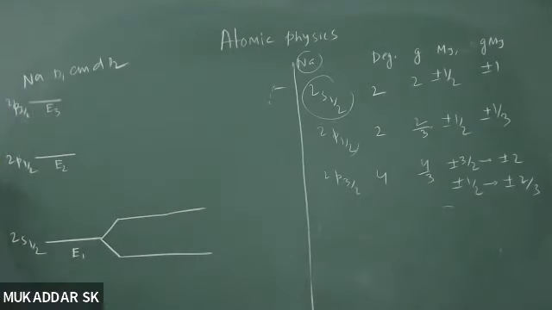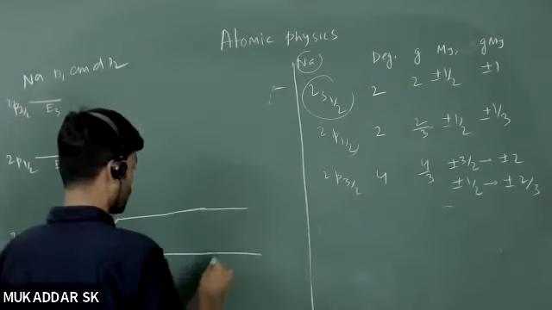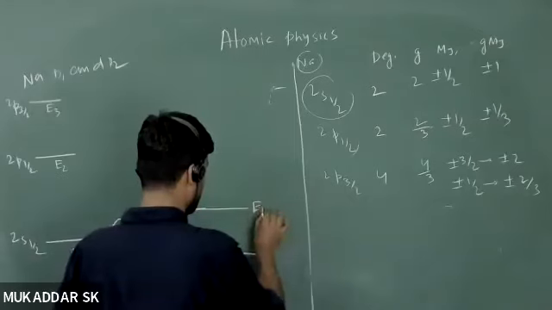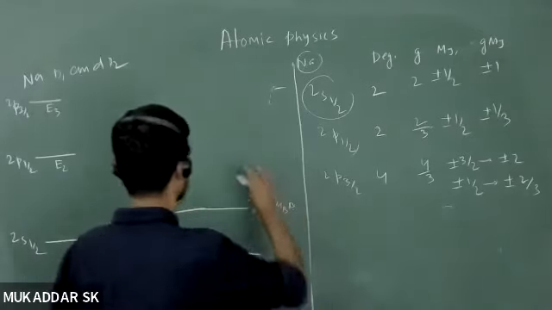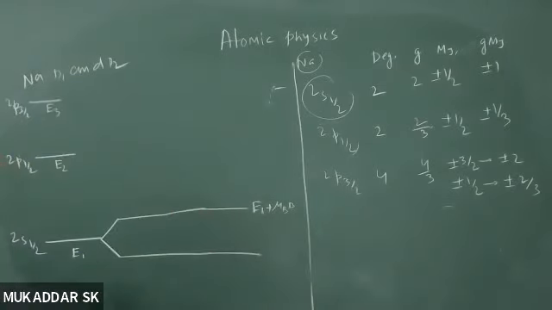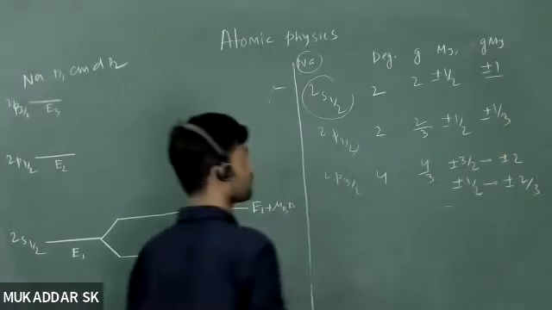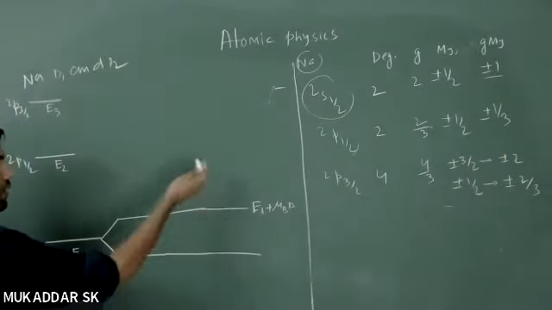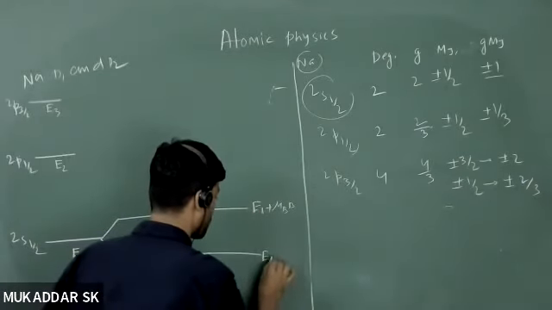Plus mu B and minus mu B. Good. So it will be E1 plus mu B, because the interaction term is g mj mu B, and for 2s 1/2 that g mj is plus minus 1. So for the upper state it will be added, for the lower state it will be subtracted.